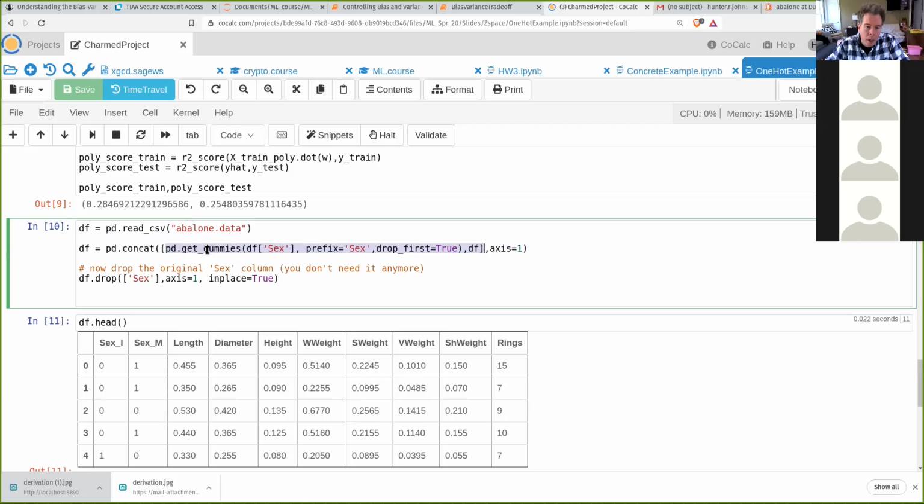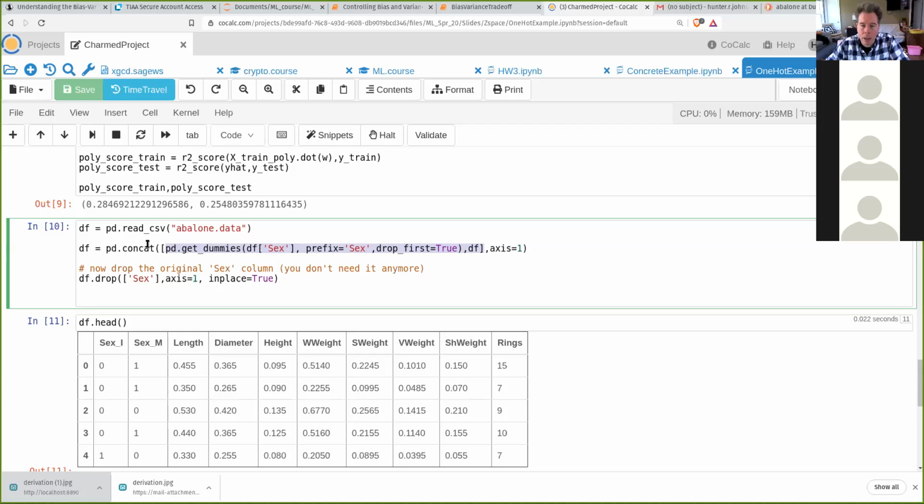So I did get dummies for the sex column, which means create these extra columns. And then I picked the prefix sex. So that's why it's sex I, sex M here. And I said drop first equals true, so that made it throw away the redundant column. And then axis equals 1.